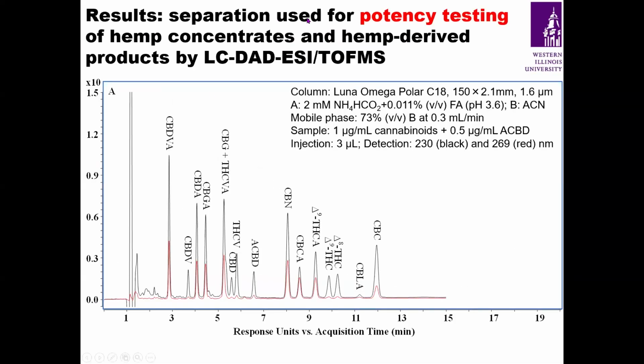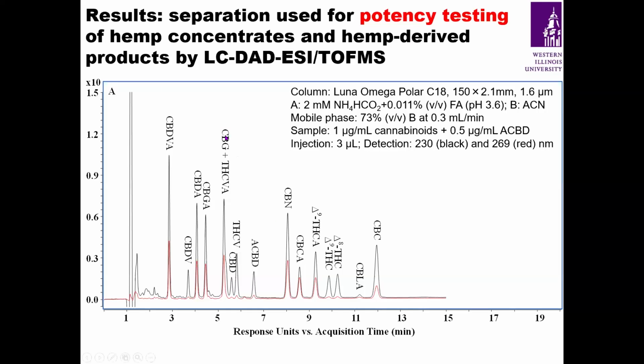Now, separation used for potency testing of hemp concentrates and hemp-derived products by LC-DAD ESI TOF-MS is demonstrated with this chromatogram. Again, baseline separation of every individual cannabinoid from each other was essential.